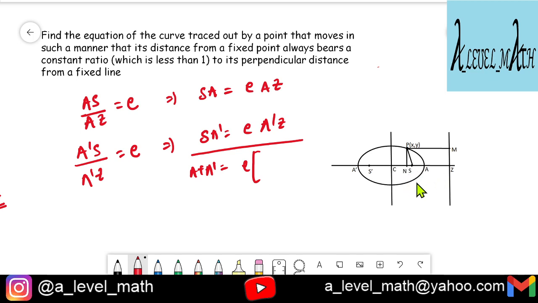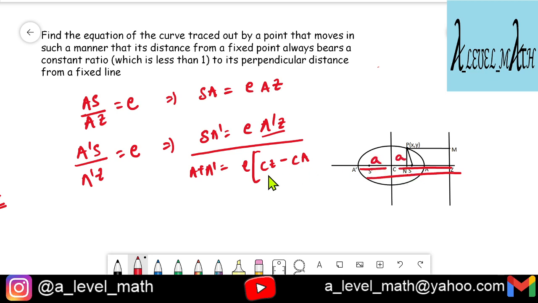So AZ can be written as CZ minus CA, and similarly I can write A dash Z as A dash C plus CZ. Because CA dash and CA are at equal distance, both of these are A units.